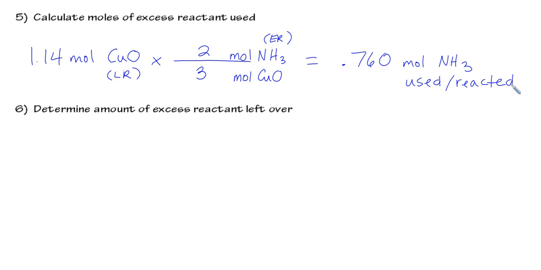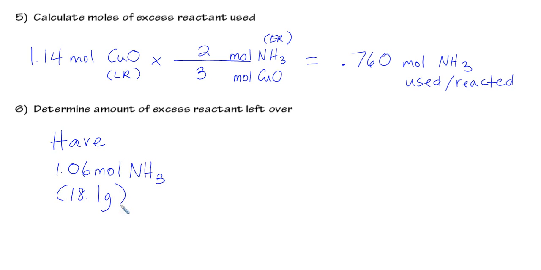Now we do a little comparison. What do we have versus how much was used or reacted? So if I go back to my original mole calculation, I have 1.06 moles of ammonia. That was from the original, was it 18.1?